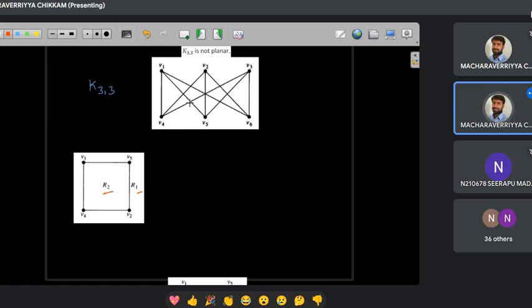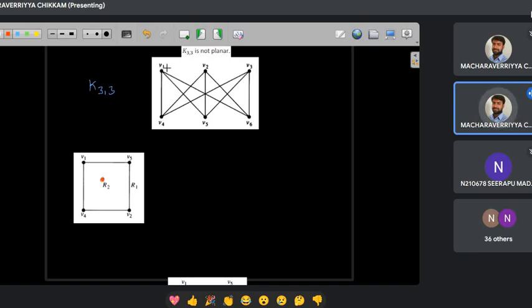Okay, and next you take one more vertex inside it. For example, the vertices adjacent to V1 are V4, V5, V6, or you take the vertices adjacent to V4, which are V1, V2, V3. All right. So now let me take one vertex inside it.